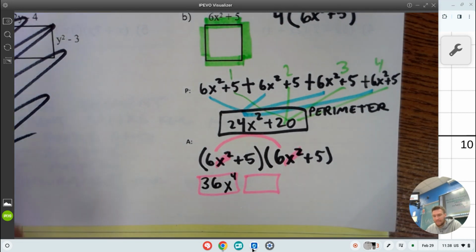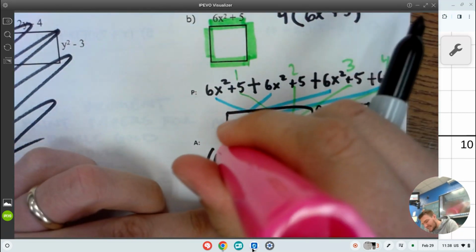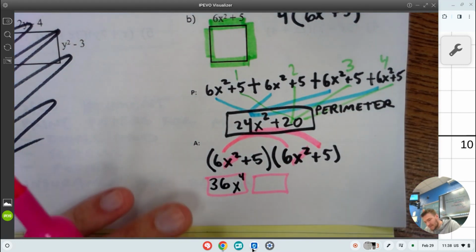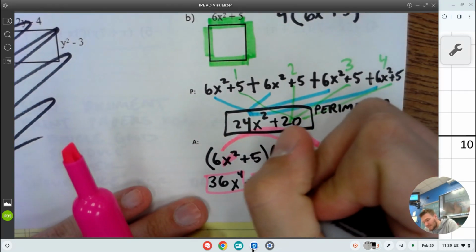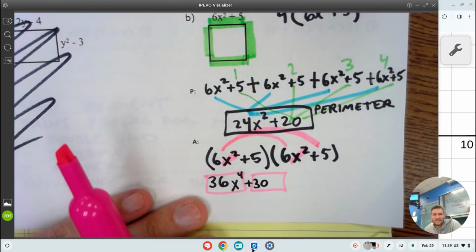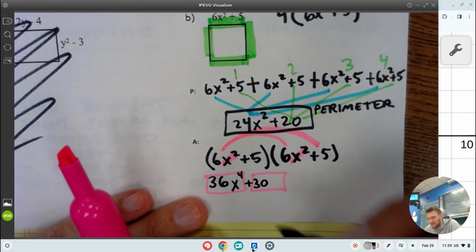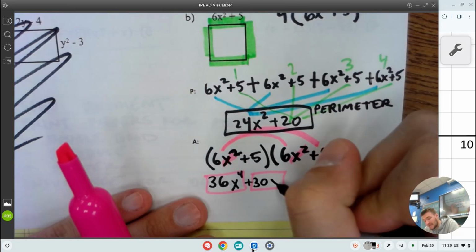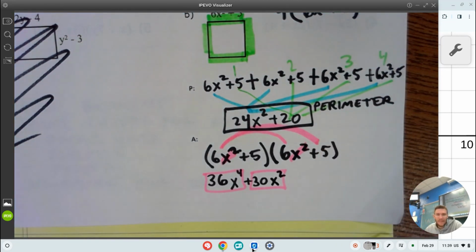Let's see what happens. What is 6x squared times 5? 6 times 5 is 30. How many x's on that? 1, 2, and 0. So it should be 2. Okay, let's move on.